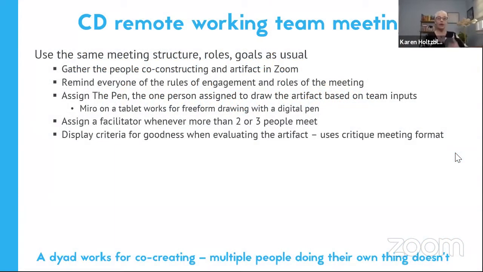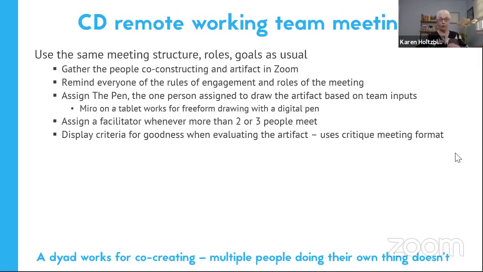All right, so if we think about it, all of these meetings are the same. We gather the people who are gonna co-construct the artifact. We see them with video on in Zoom. We remind everyone of the rules of engagement, the roles in the meeting, the structure. We assign the pen who is going to do the drawing, right? Or if it's a two-person meeting, we have a different set of rules. We're going to use our tablet.